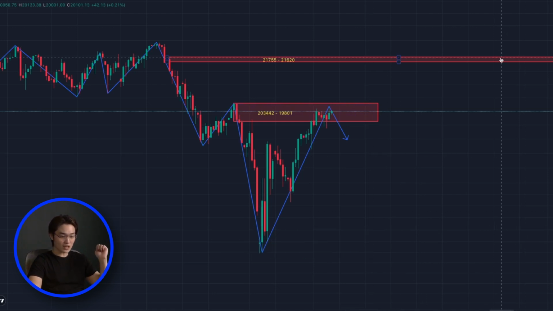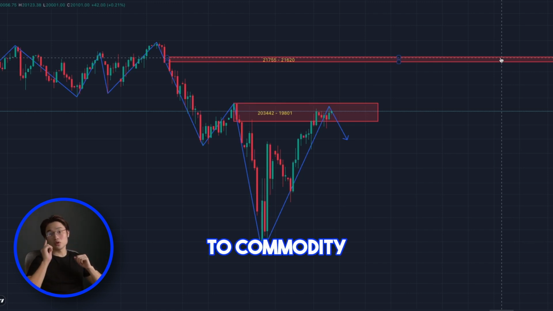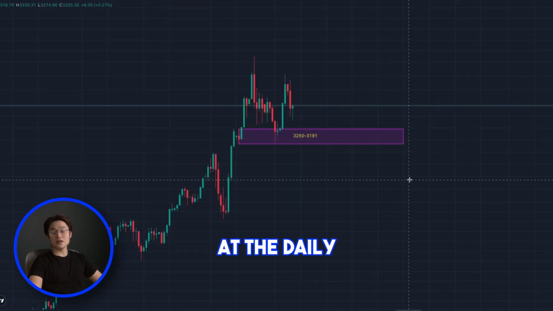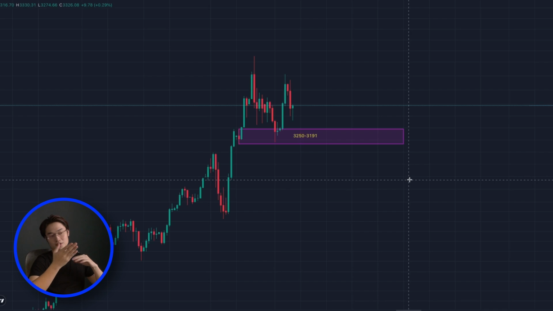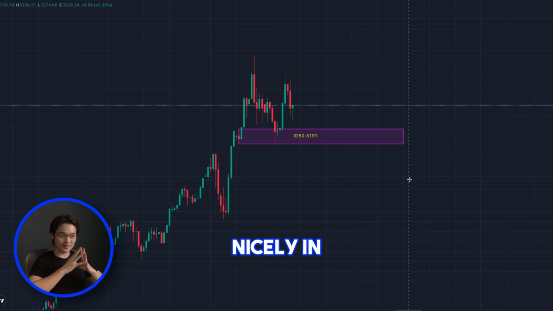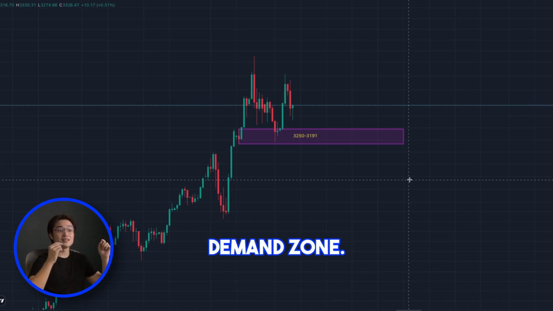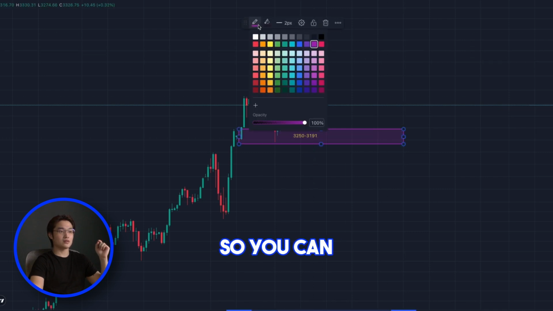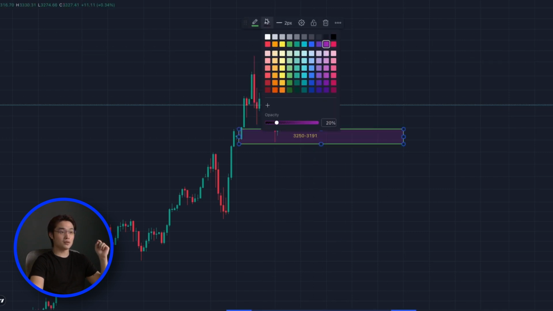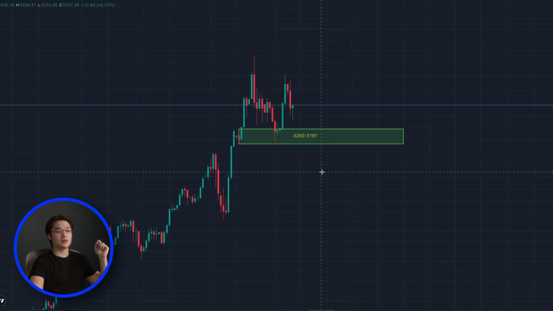Okay, so let's go to commodity. We are here at the daily chart on gold. I choose gold as the commodity because look here, the price rejected nicely in our last couple of days' demand zone. Okay, let me change it to green so you can see it better. Here you go.